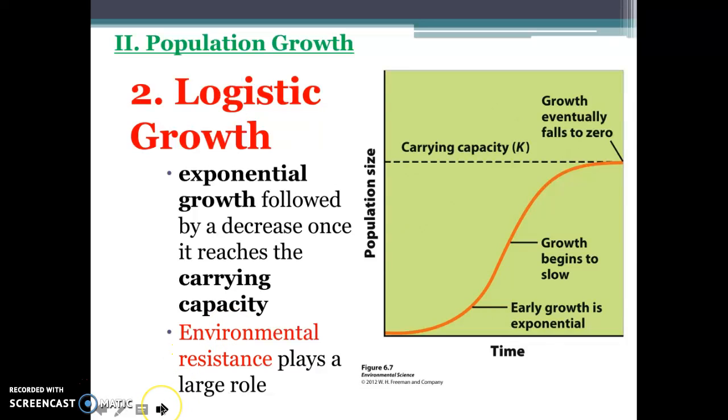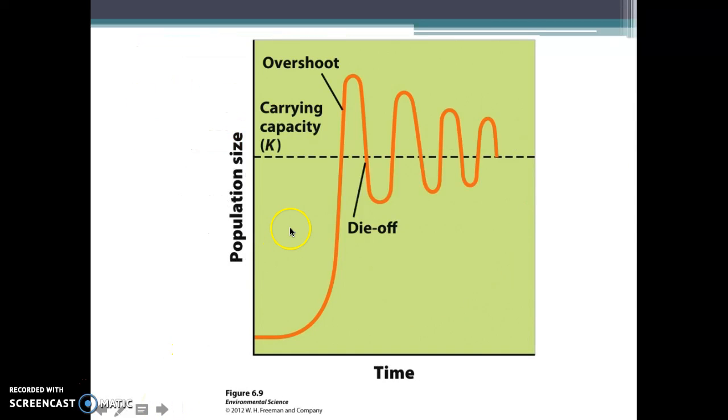If it does go over the carrying capacity, it's going to look something like this. Here's the population, goes over the carrying capacity. So there are too many individuals of a population for that ecosystem to actually support, so the population is going to start to go down. And if it dips back under that carrying capacity, that just means that there are surplus resources, so that population can now start to increase again.